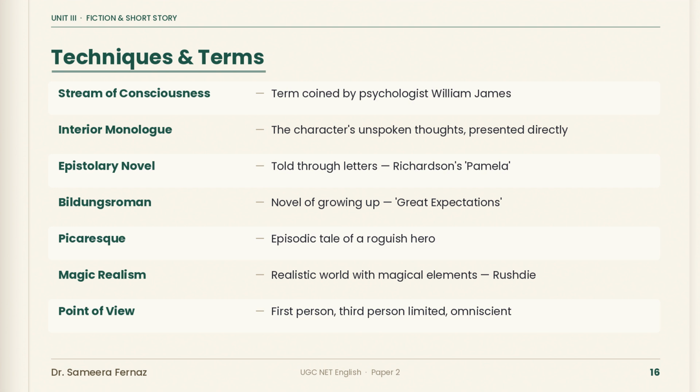The Picaresque is an episodic tale of a roguish hero. Magic realism places magical elements inside a realistic world, as in Rushdie. Point of view may be first person, third person limited, or omniscient.